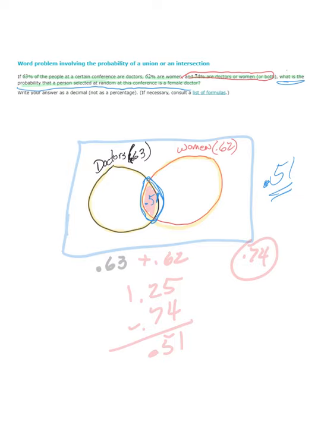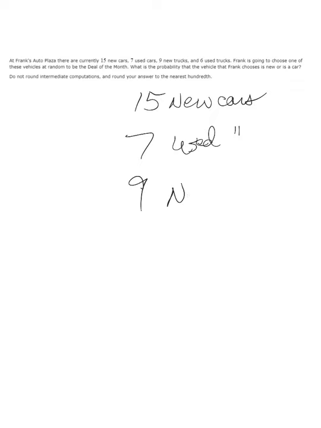Let's see if we get another one similar to that next. Let's go back to this. At Frank's Auto Plaza, there are 15 new cars, 7 used, 9 new trucks, and 6 used.